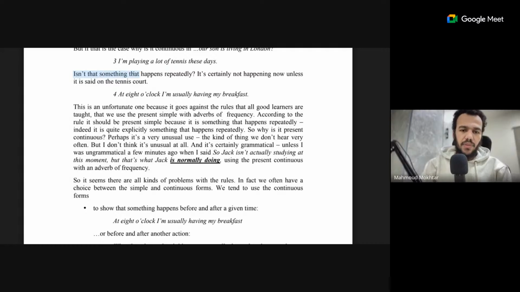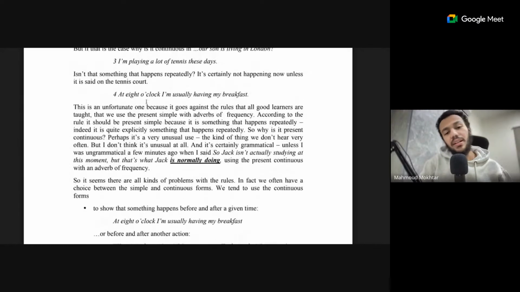Isn't that something that happens repeatedly? It is certainly not happening now unless it is said on a tennis court. Yeah, it happens repeatedly, but for these days only, not for a lifetime. I don't know.